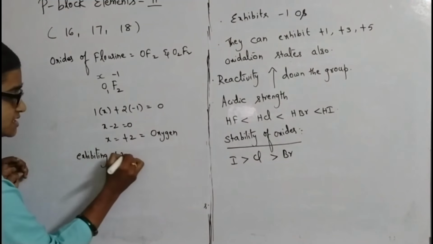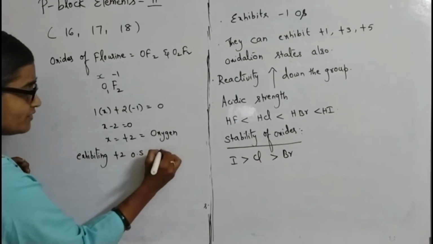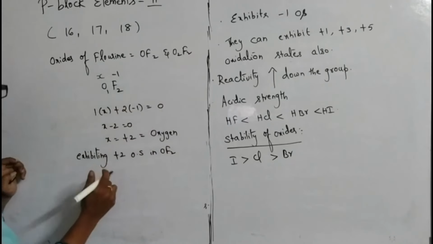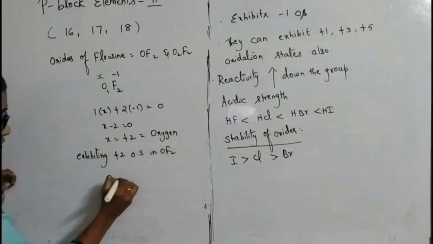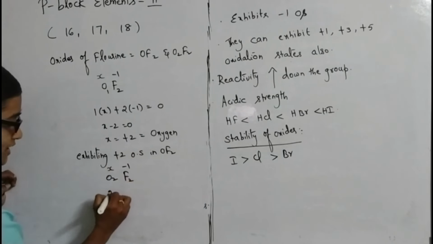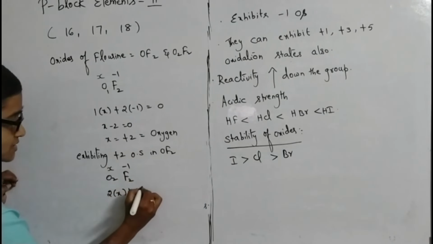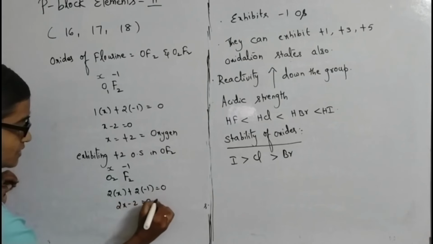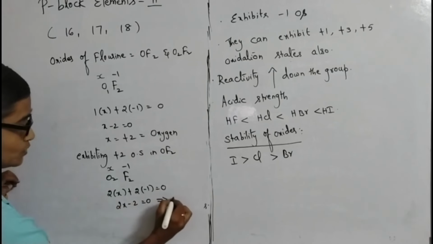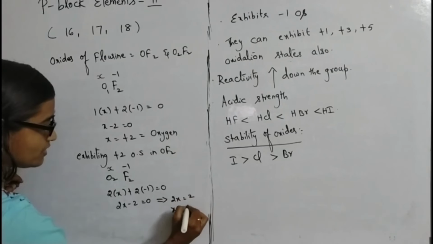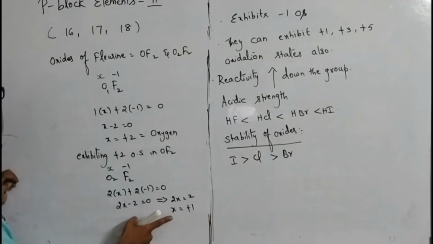Same like that, it exhibits +1 oxidation state in O2F2. In O2F2, fluorine -1, oxygen x, so 2 into x plus 2 into -1 is equal to 0, 2x minus 2 equals 0, which implies x is equal to 1. That means the oxidation number of oxygen is +1.